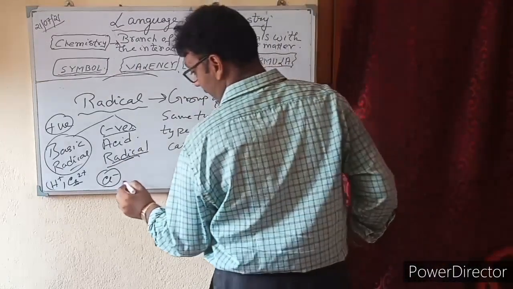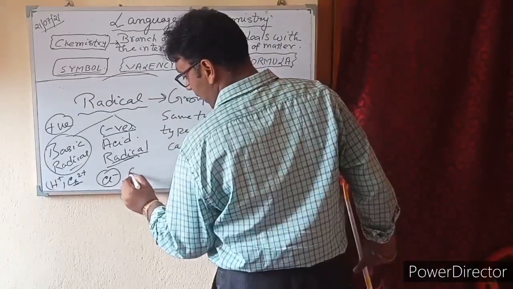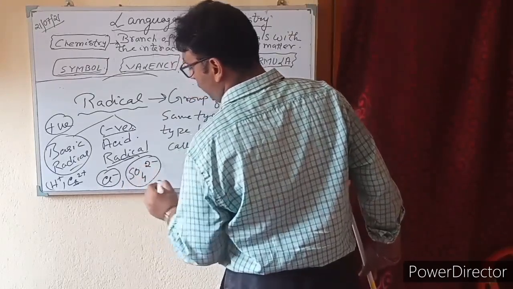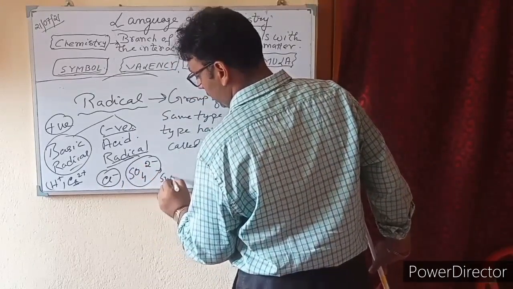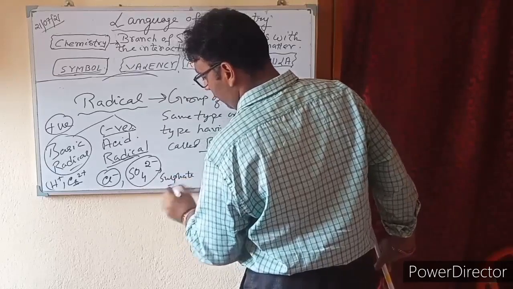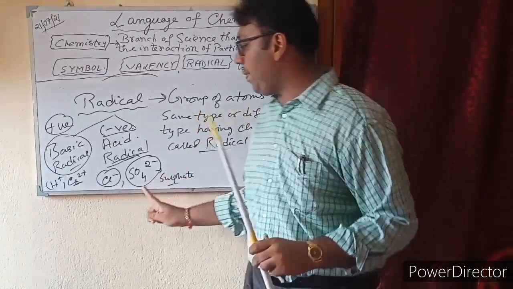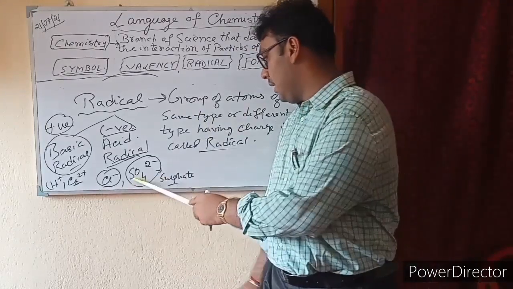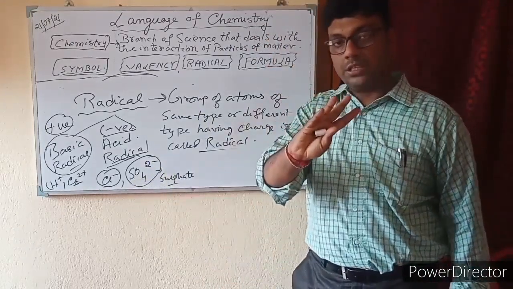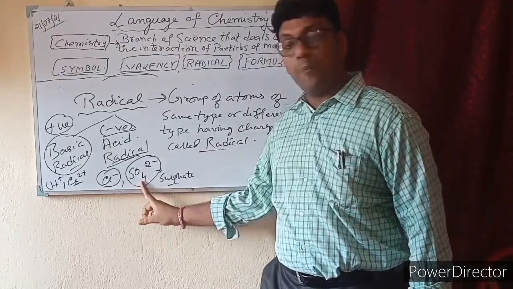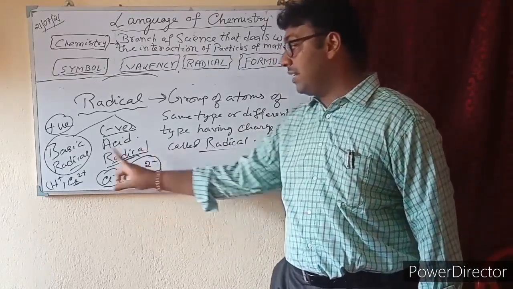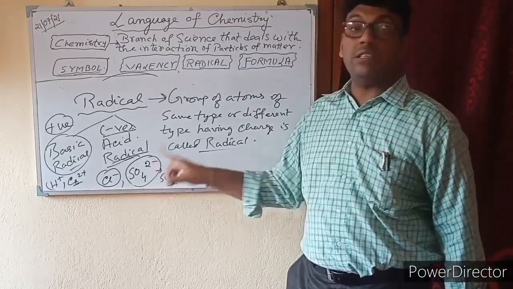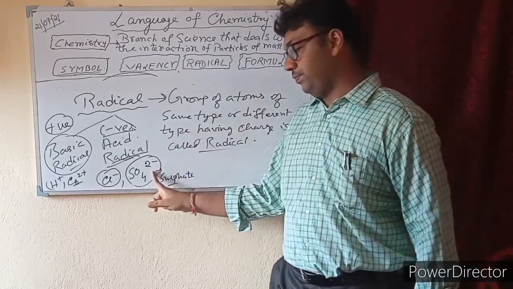Next is SO4 2 minus, this is sulfate. This is an example of an acid radical. Just see, this is a compound radical as it is made up of 1 atom of sulfur S and 4 atoms of oxygen. So this is a compound radical and it is also an acid radical, that is it bears negative charge 2 minus, that means its valency is 2.